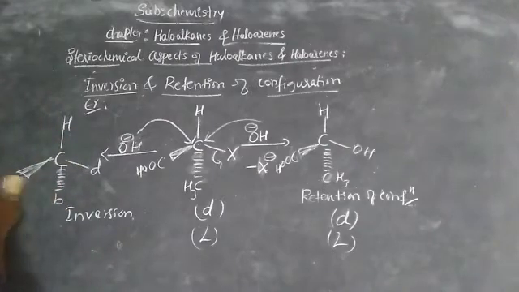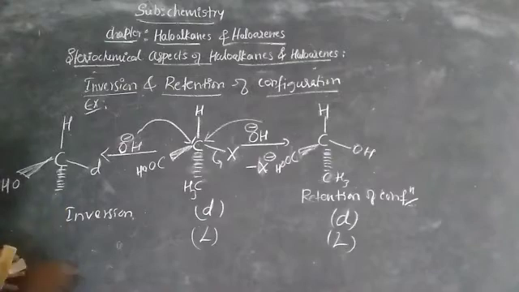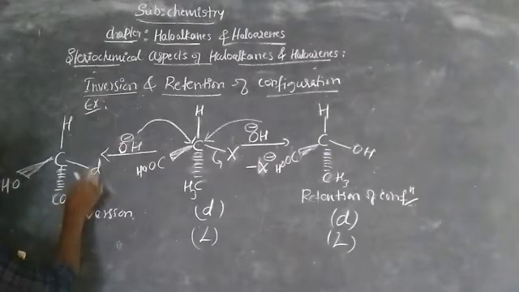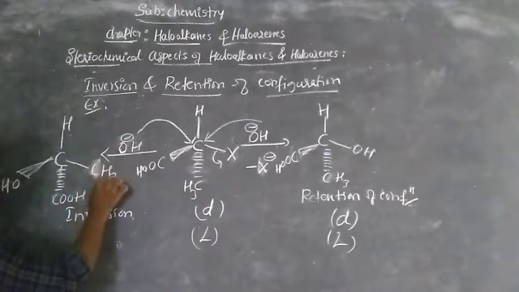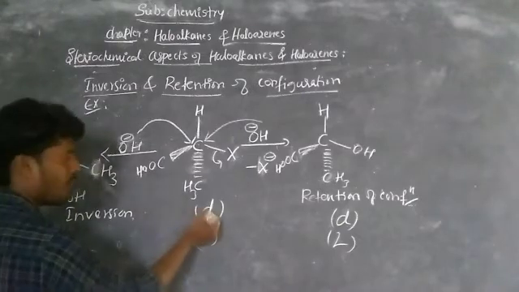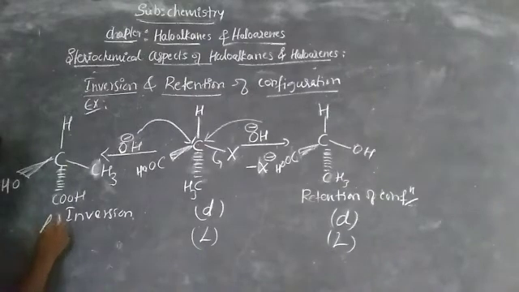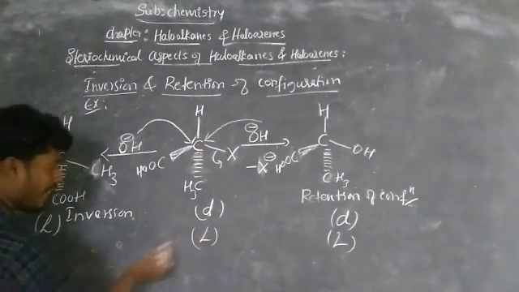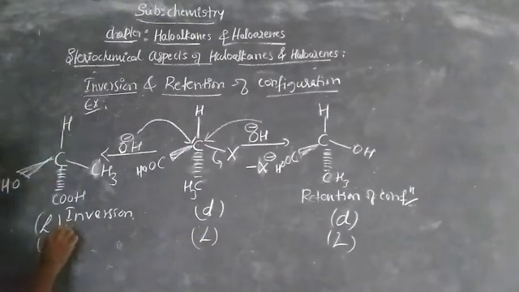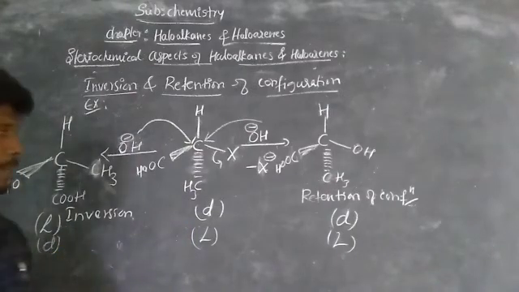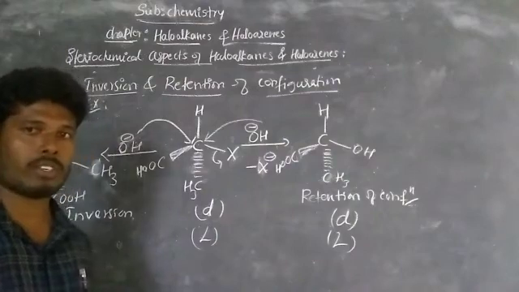So here in place of the nucleophile OH, and in place of B COOH, and in place of D you get CH3. Here if the configuration of the original compound is D, the resultant compound is L. Similarly, if L becomes D, that means inversion, it changes. So this concept is called inversion of configuration, and the other is retention of configuration.